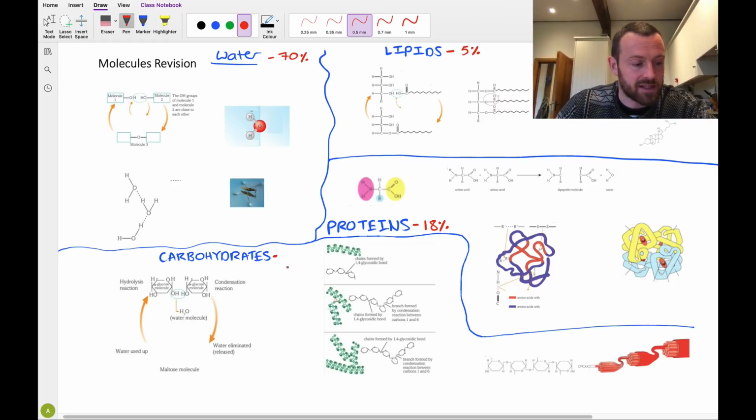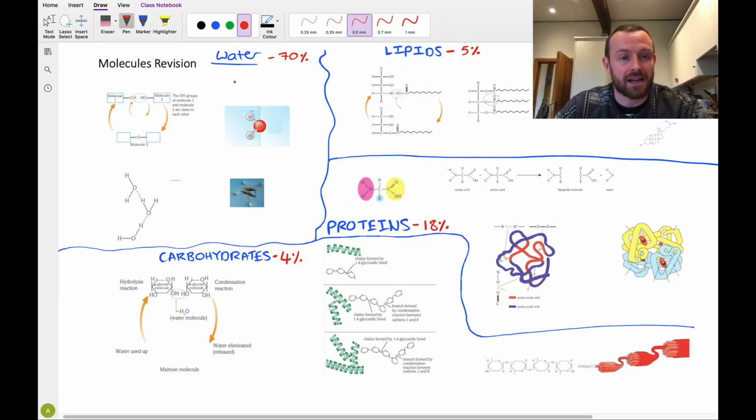So I'm going to guesstimate and say that that's about 3 or 4%. Let's say 4%. But of course, those figures are from a mammalian cell, and in a plant cell, this figure would be way higher because plants use carbohydrates as structural elements as well as a respiratory substrate, i.e. as well as for energy.